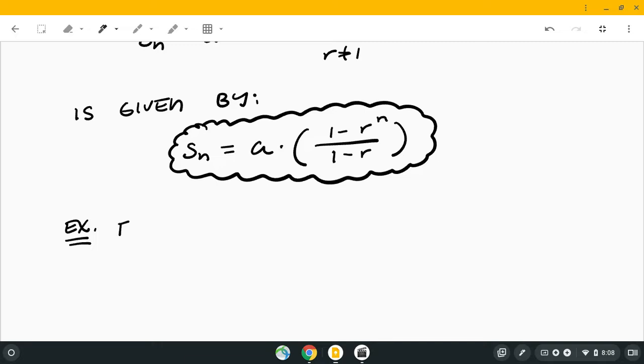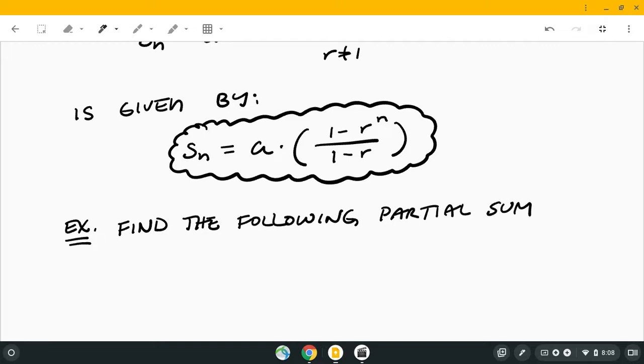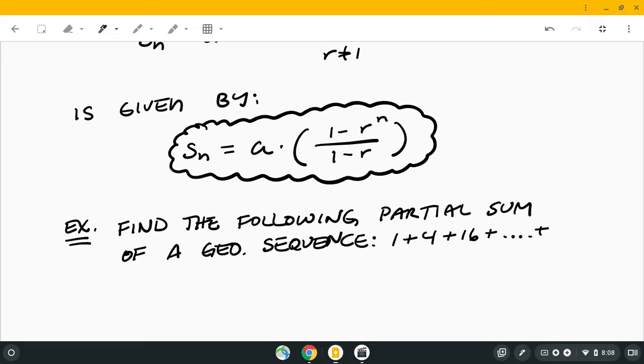Find the following partial sum of a geometric sequence, and suppose it's 1 plus 4 plus 16, plus all the way up to 4,096.